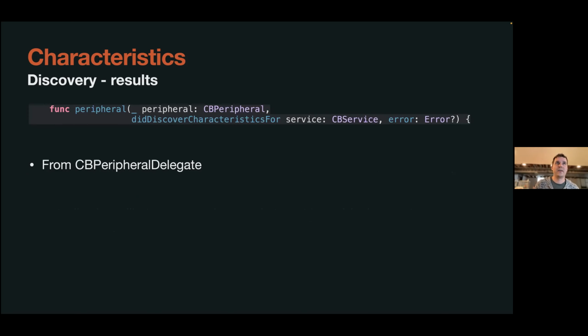Getting the results back is a very similar callback: didDiscoverCharacteristicsForService, and you also get the peripheral. Now at this point, your peripheral.services is inflated with whatever services were discovered, and the services' characteristics, which were nil previously, are now inflated as well. So you have to jump through some hoops in order to discover these things.